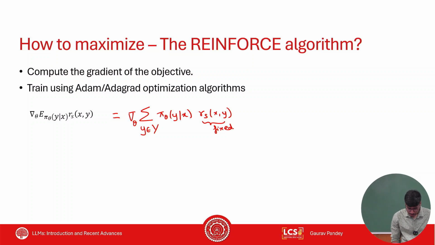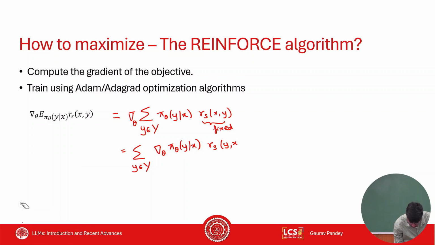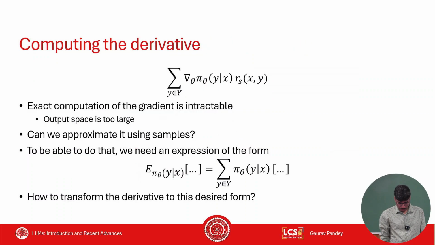So this can be written as summation over all outputs, gradient of the policy times the reward. There's nothing interesting about this. So this is the expression we got.